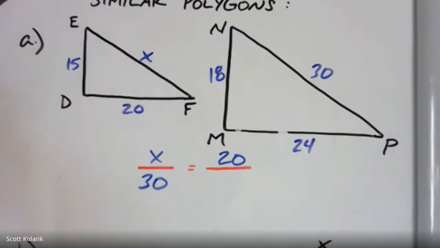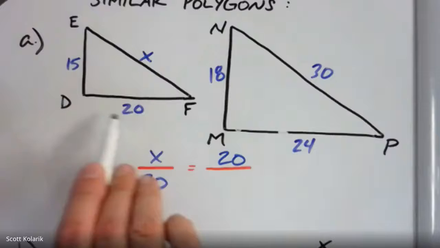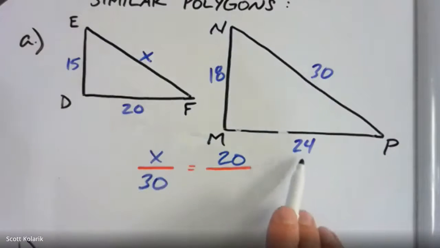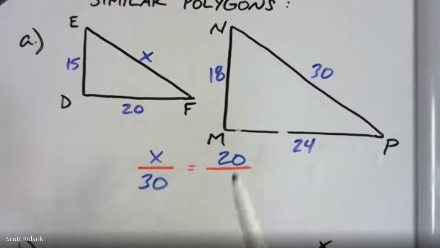In this case, when I'm solving for the variable, it actually doesn't matter which order I go as long as I'm consistent. But now I need the corresponding piece to this DF. So what corresponds to the 20? The 24, MP over here. So here's where, again, I'll emphasize that the trickiest part is making sure everything's in the right spot, because there are technically 4 spots to choose from here.